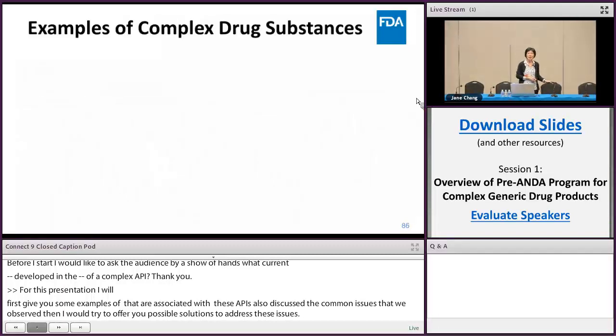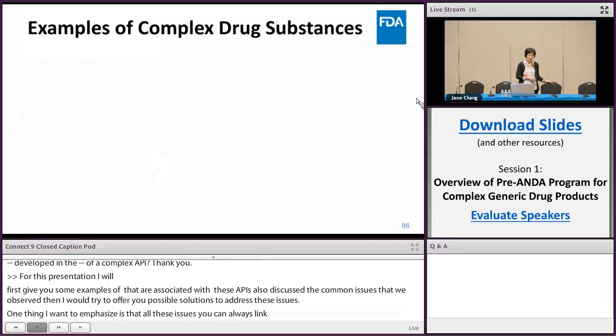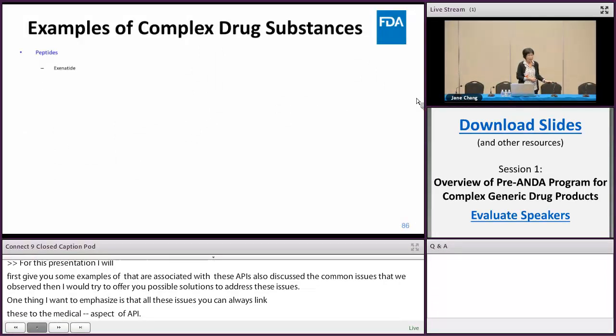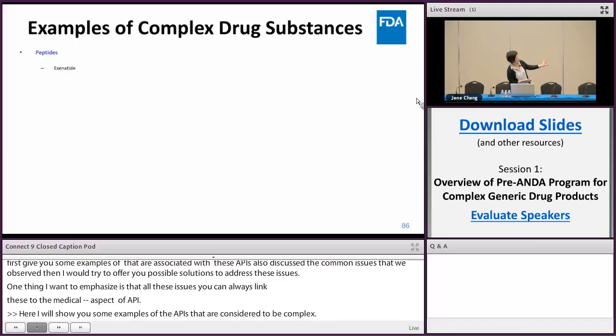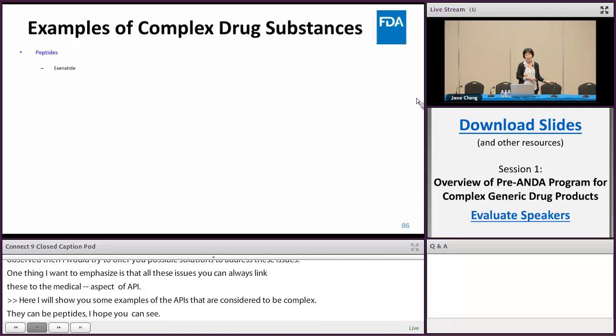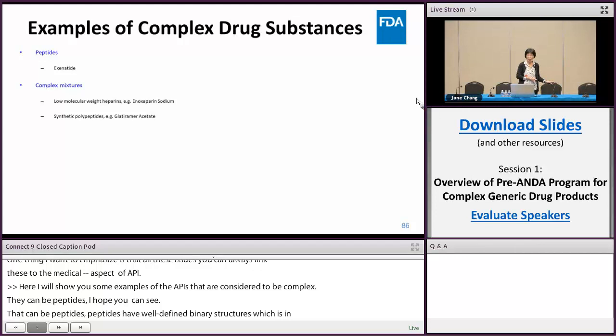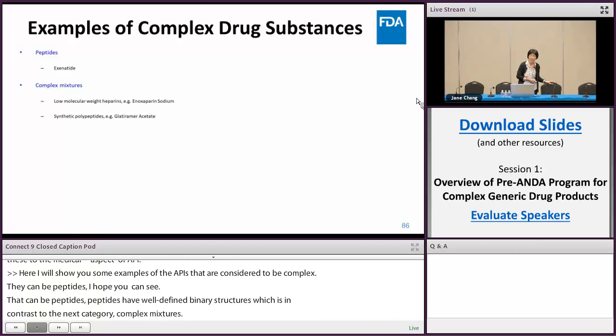Here, I will show you some examples of APIs that are considered to be complex. They can be peptides. I don't know, the font is so small, I hope you can see. Peptides have a well-defined primary structure, in contrast to the next category, complex mixtures, for example, low molecular weight heparins, or they can be synthetic polypeptides such as glatiramer acetate.